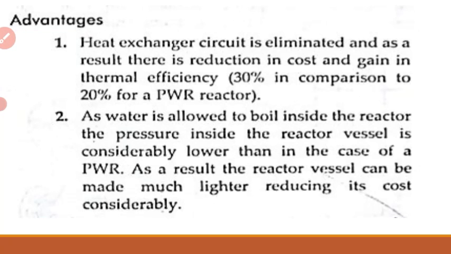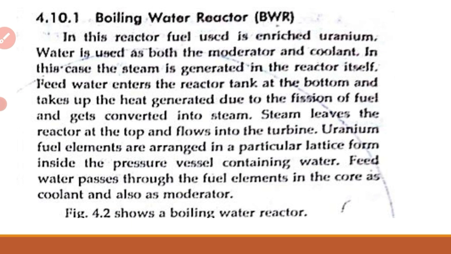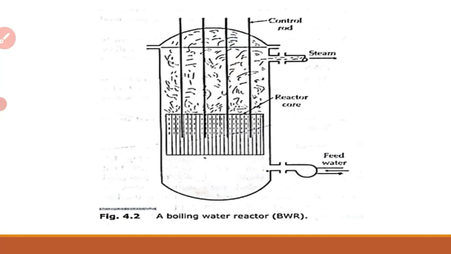There are a few points we will discuss here. In this case, the steam is generated in the reactor itself. As already discussed, the steam is generated inside the reactor.